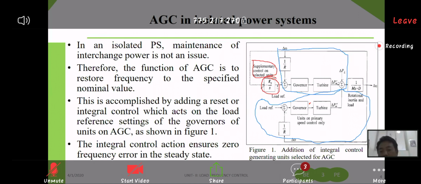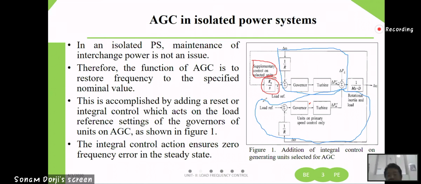But in steady state, the frequency may not come back to 50 hertz. It may remain at 49 hertz or 49.5 hertz. Normally you might have seen in the powerhouse that the frequency is 49.5 hertz and the operator will say it is okay. But if you want good quality power, then we require the nominal value, right?